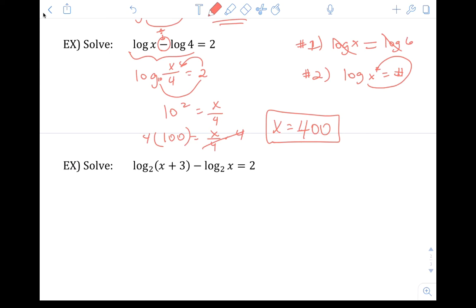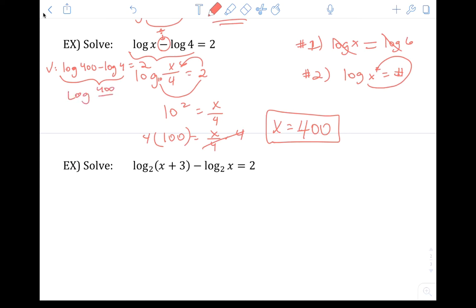Is it large? Yes, it is. Is it wrong? Nope, it's not. Let's prove it. If x is 400, that should make sense. Let's see what happens.